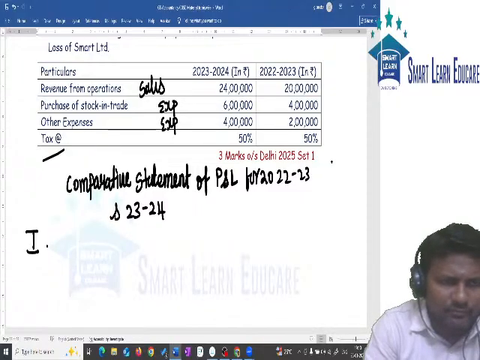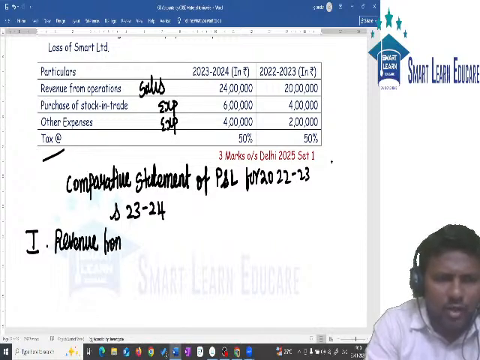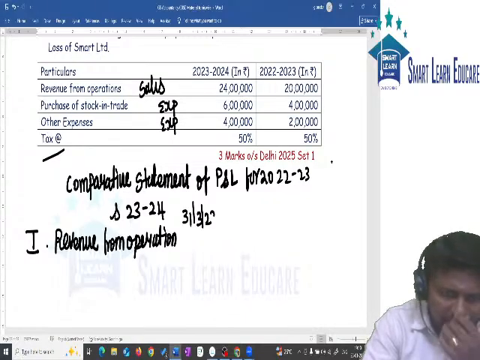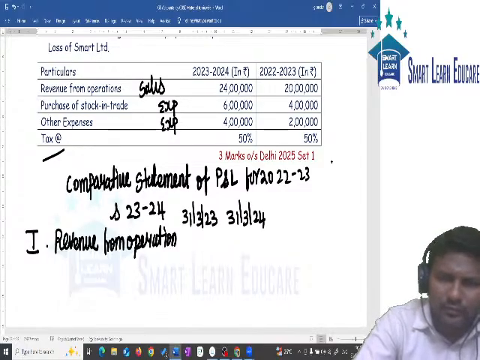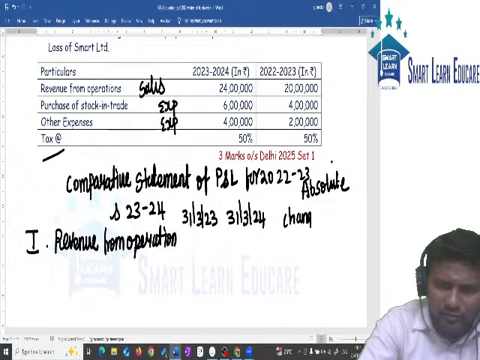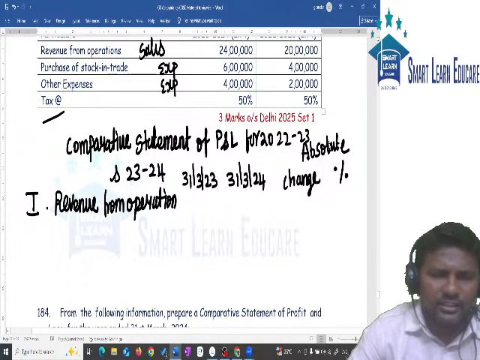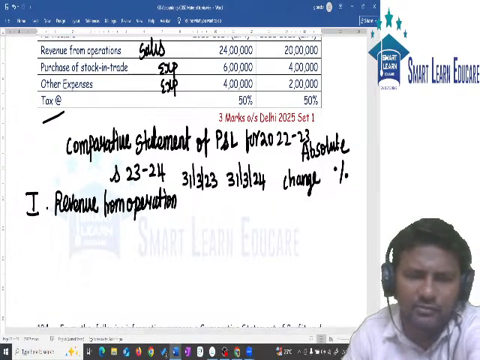First subdivision: revenue from operation. First write for 31st March 2023, then write for 31st March 2024. What is the absolute change? What is the percentage change? These are the columns we have.